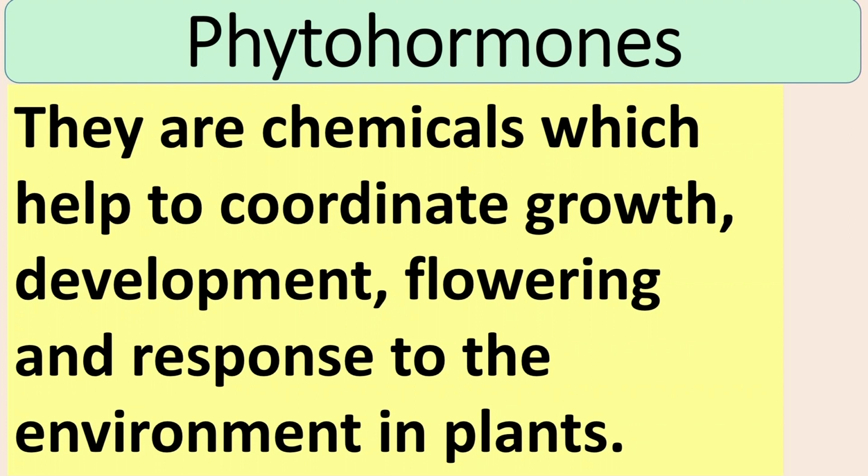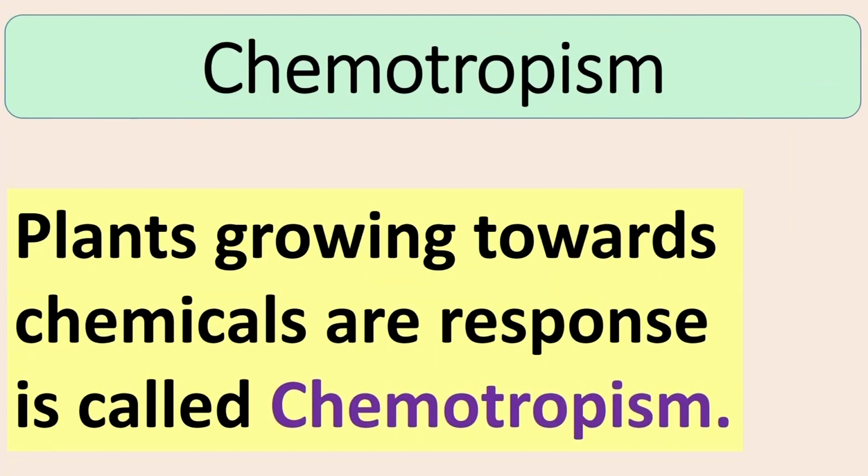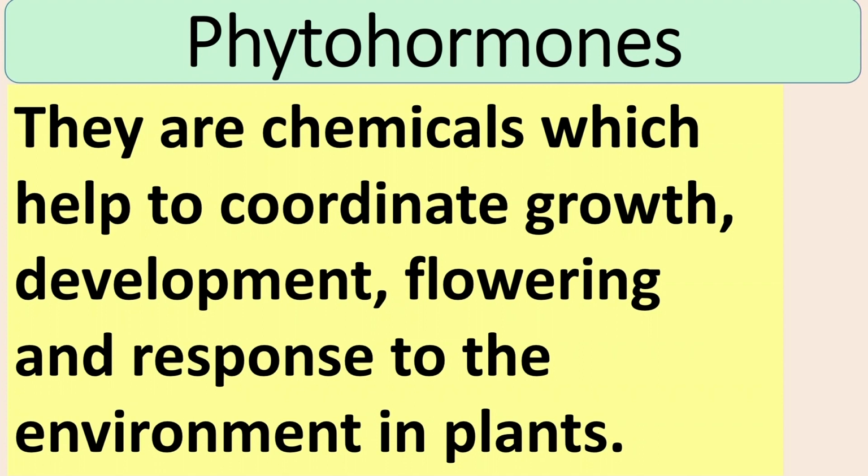Finally, for the sake of growth, you need phytohormones. So, write down, children, they are chemicals which help to coordinate growth, development, flowering and response to the environment in plants. Phytohormones are the chemicals which help in the growth of plants.